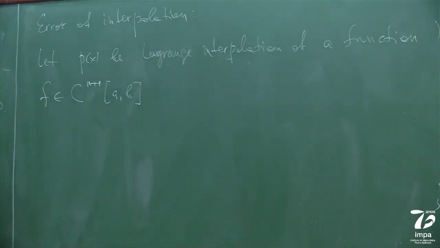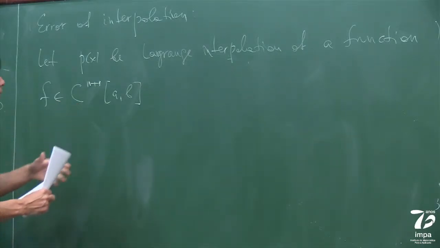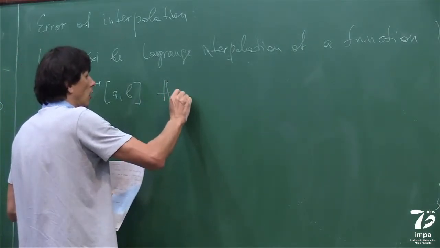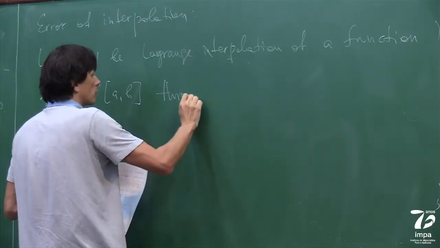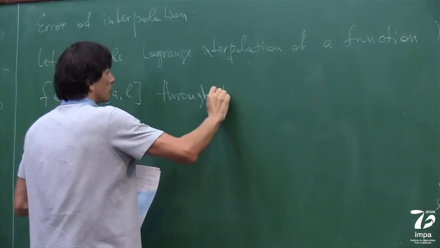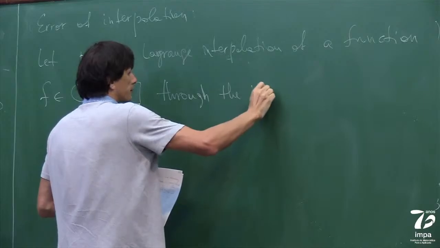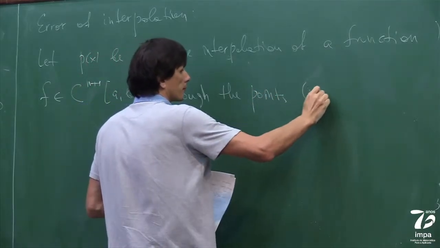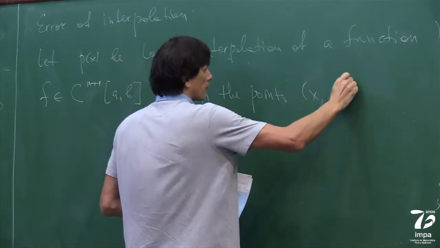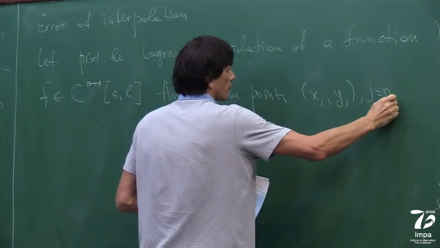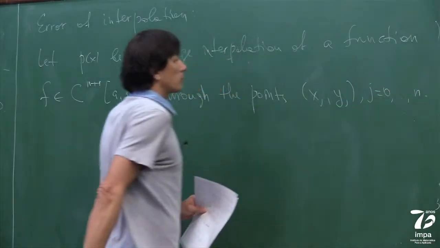So we assume that it's as smooth as needed, essentially it has the same smoothness as the number of points, a function through these n plus 1 points.